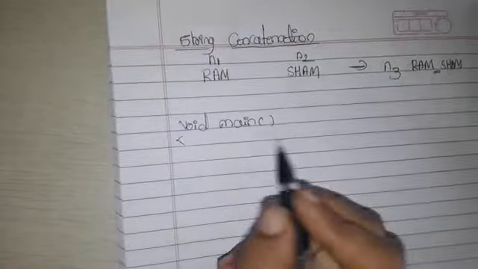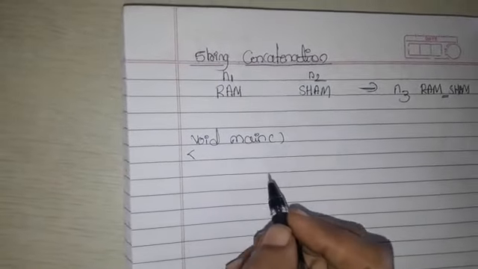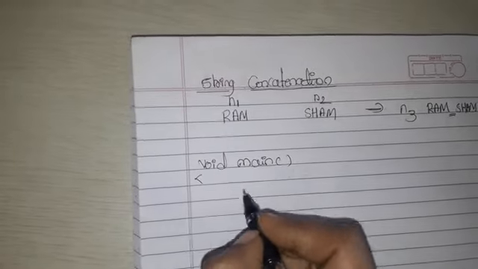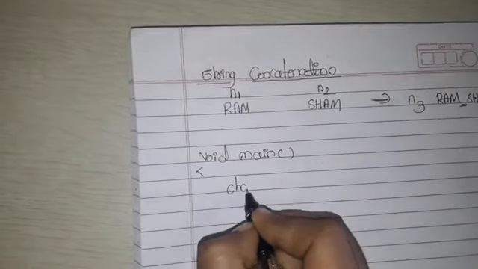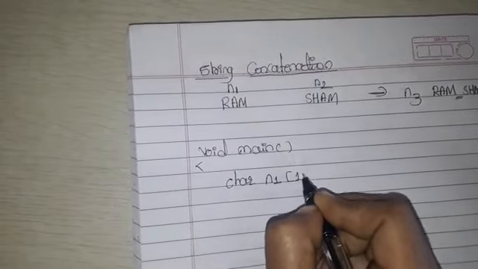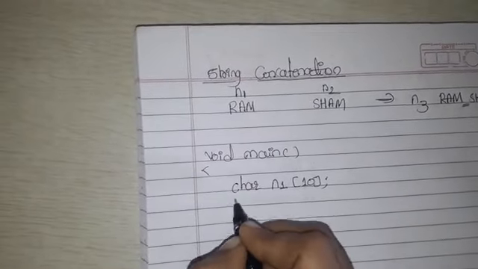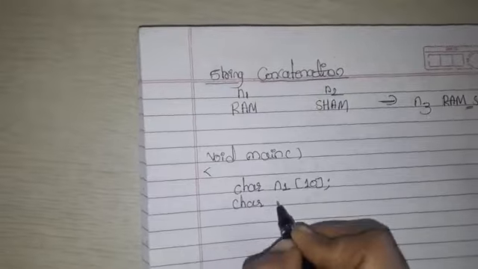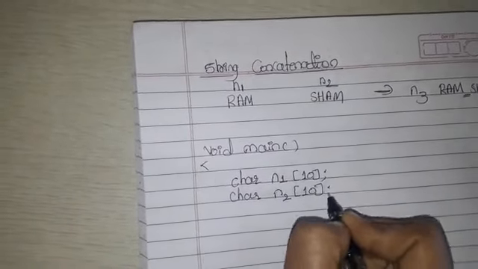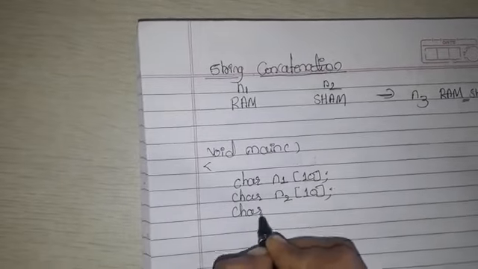See, the logic is what? Definitely I need to declare the strings n1, n2 and n3. So I'll take char n1 with some size like 10. You can take any size. I'll take a size of 10, and char n2 with a size of 10. So this is a simple logic.